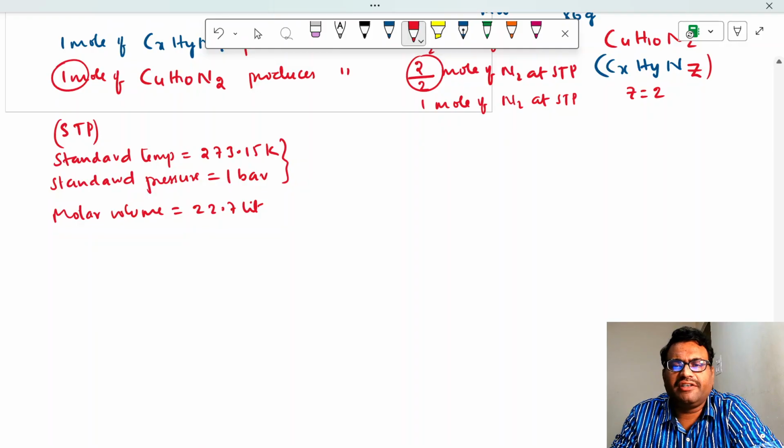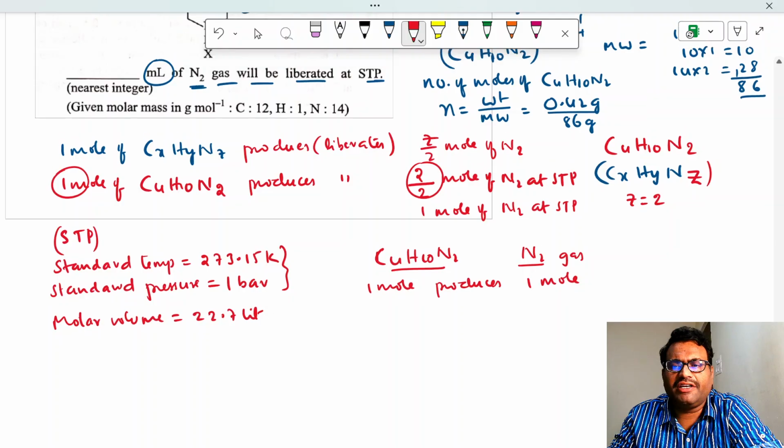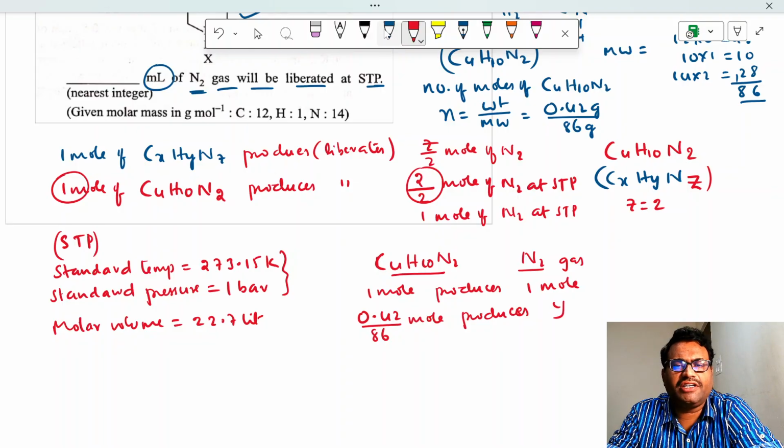You calculated it: 0.42 by 86 mole. So 1 mole of C4H10N2 produces 1 mole of N2 gas, and 0.42 by 86 mole produces, let us take it as P.